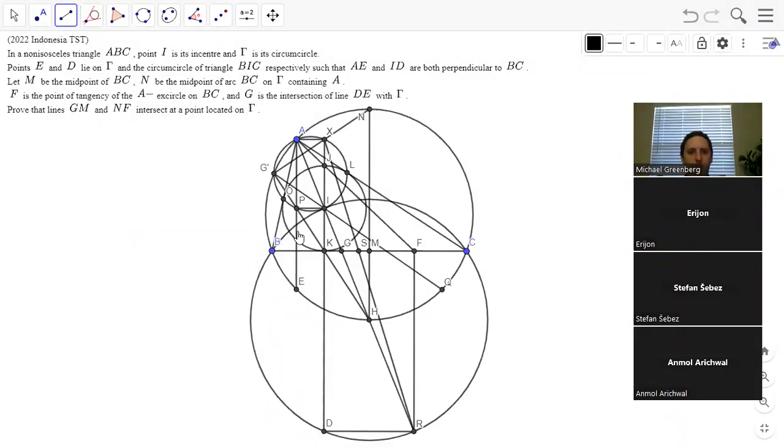I wonder if there's another way to do this. So xi is equal to AP.